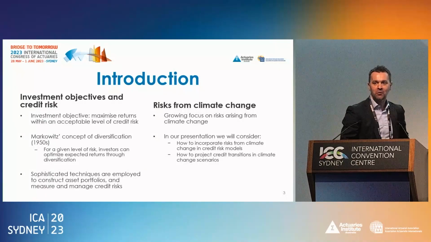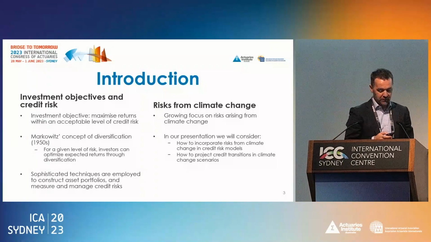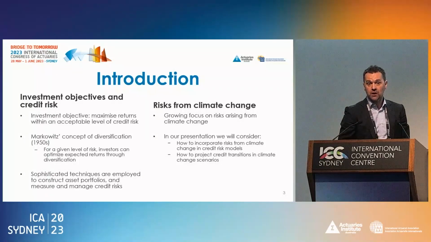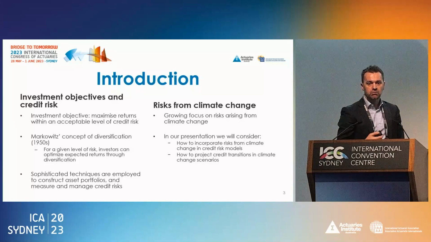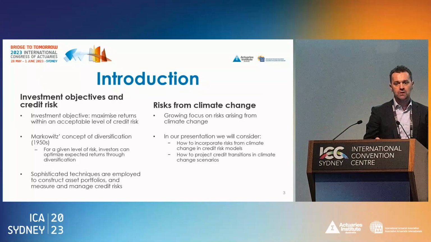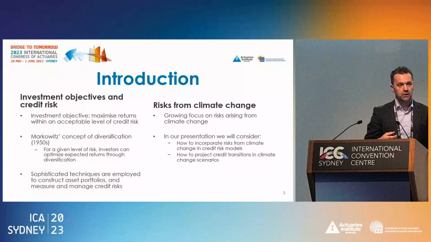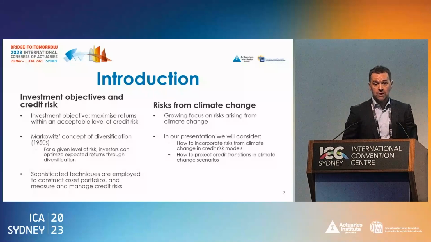But nevertheless, I'll try to make it nice and easy for everybody. Sophisticated techniques are actually employed in building portfolios. We can probably have separate talks for days and weeks on the Markowitz way of building portfolios, modern portfolio theory, and the more sophisticated stochastic or even copula-based approaches to building investment portfolios.